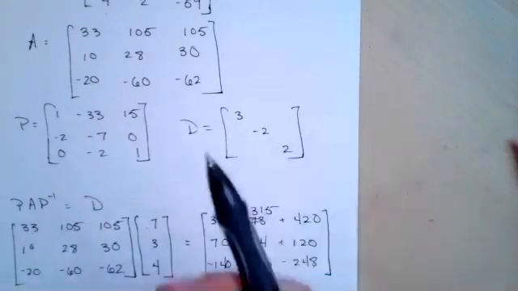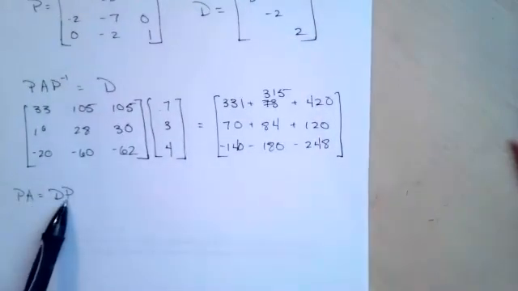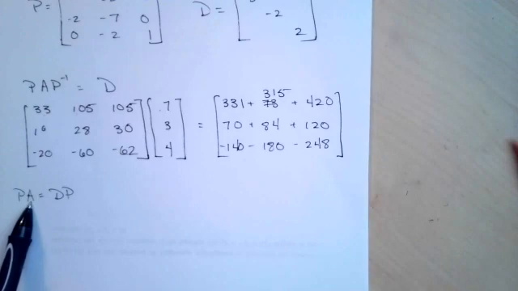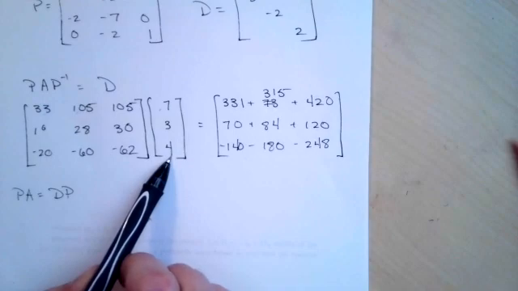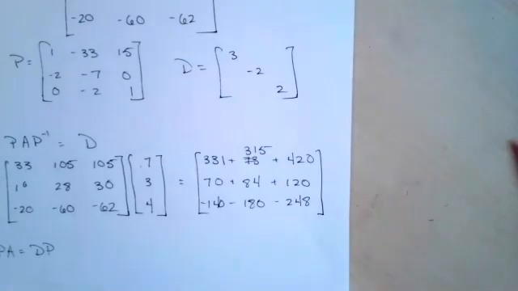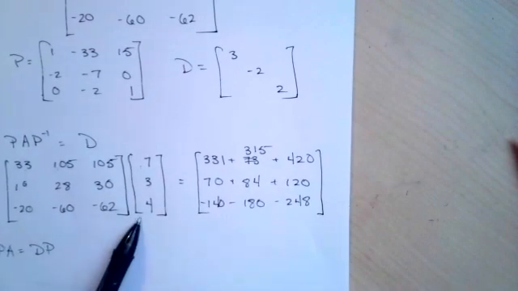So in some sense, this is saying that A acting on P inverse is just going to scale the columns of that matrix by the given scaling factor that we have in the diagonal matrix, meaning that if we're just getting a scalar multiple of that column vector, then that column vector will give us the eigenvector.